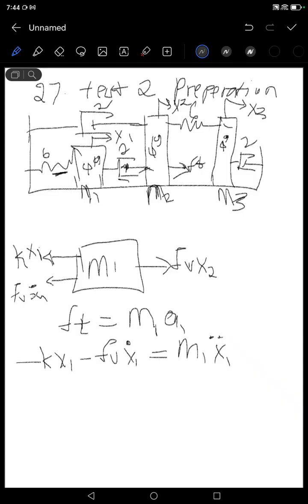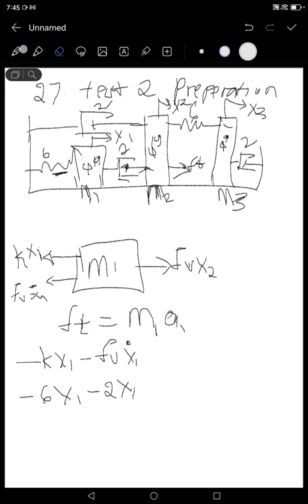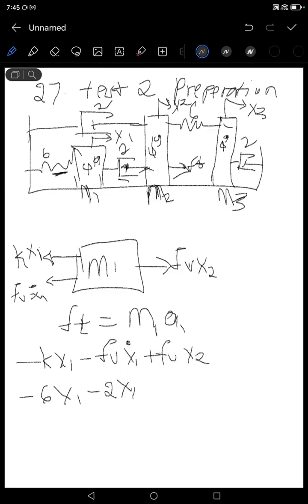Okay, so we're going to have a minus 6x1 minus 2x1. I forgot the other force here, the fvx2. Sorry. So it's going to be a plus fvx2. Okay, like this. fvx2 equals M1 x1 dot.